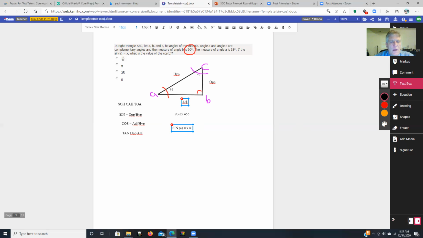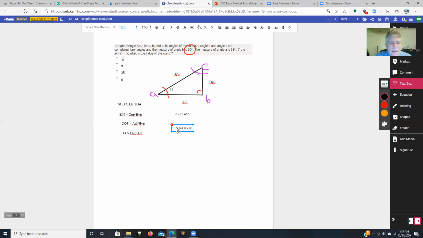And we know that sine is going to be opposite over hypotenuse. So we can keep track of what we're doing, we're going to call this line segment BC, and this one AC.